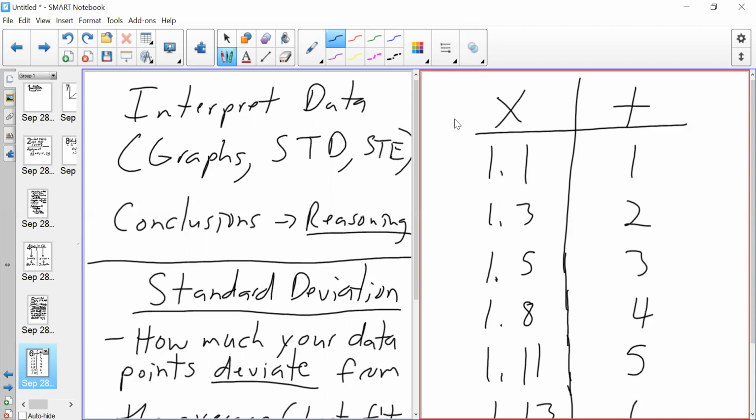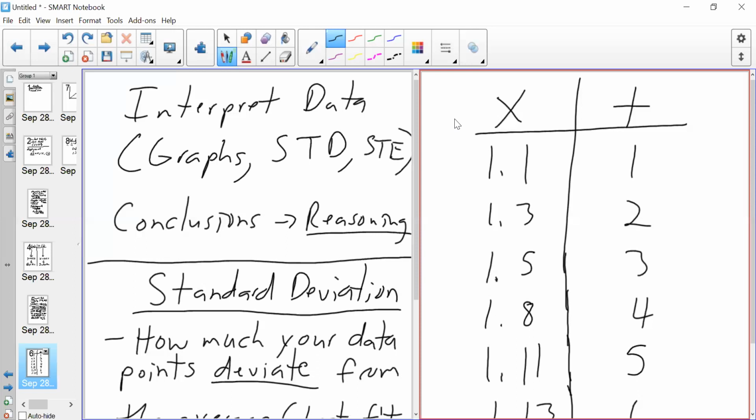The slope is going to be what we interpret as the velocity, the average velocity. So that's going to be delta x over delta t. Rise over run: x final minus x initial over t final minus t initial.